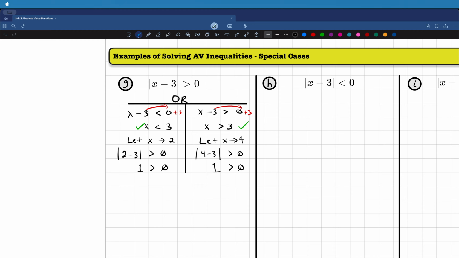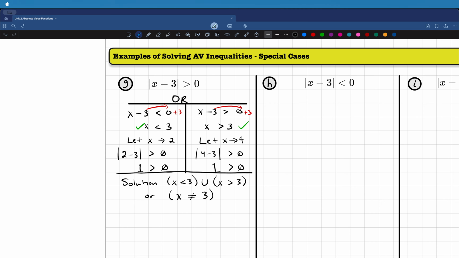So our solution set can be written down as x is less than 3, or, sorry, that should have been the union, x is greater than 3. Or we can also simplify this by saying that x cannot equal 3 in this case.